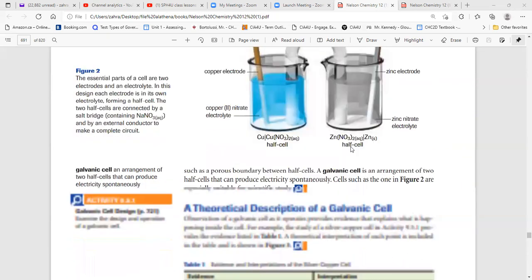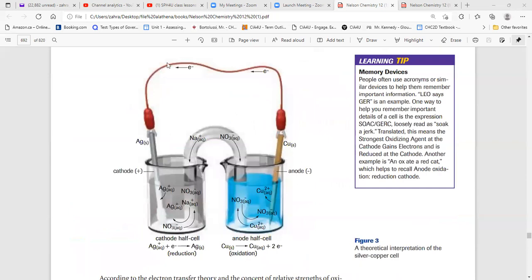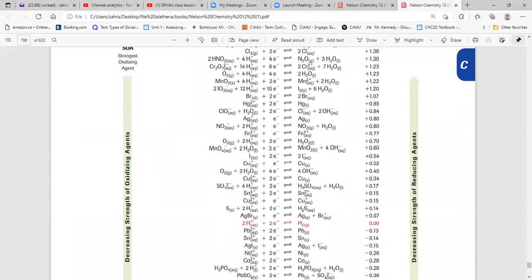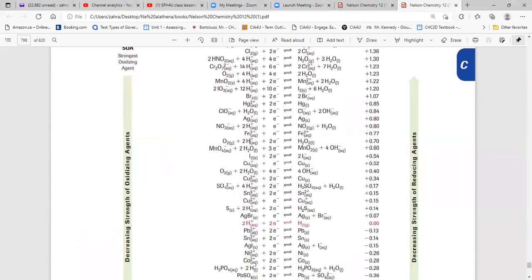And you know that the electron will transfer from Cu to Ag. Now, why does that happen? If you look at the oxidizing agent and reducing agent, Cu and Ag: Cu is here as Cu2+, and Ag is there.